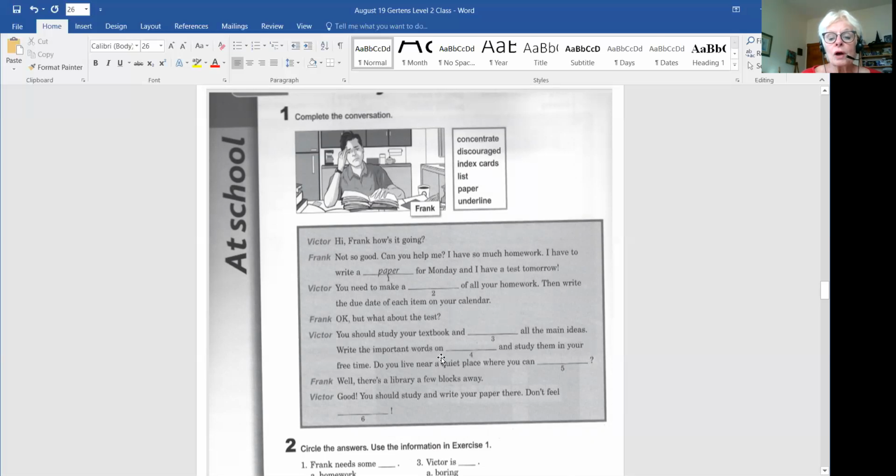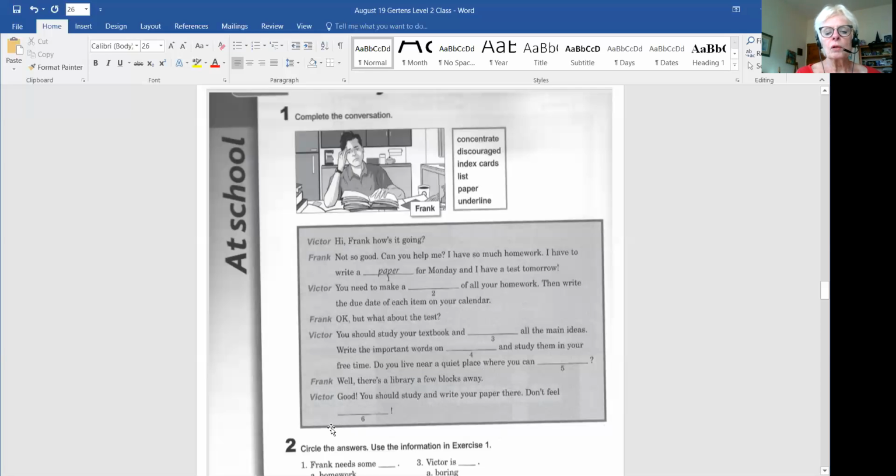Do you live near a quiet place where you can blank? Remember, that word is concentrate. Do you live near a quiet place where you can concentrate? Frank says, "Well, there's a library a few blocks away." So that's pretty good. Victor says, "Good. You should study and write your paper there.